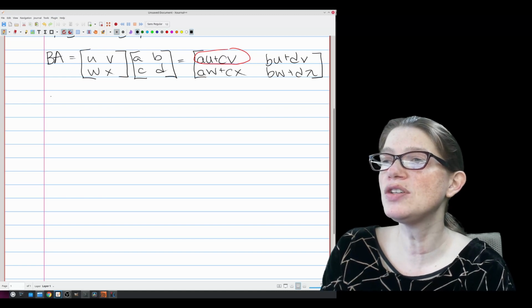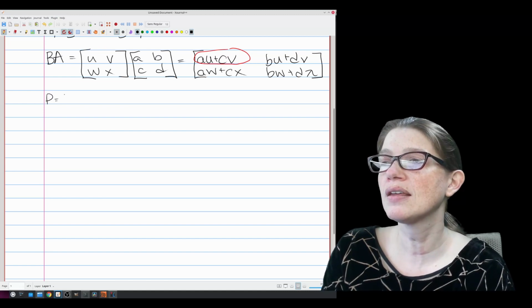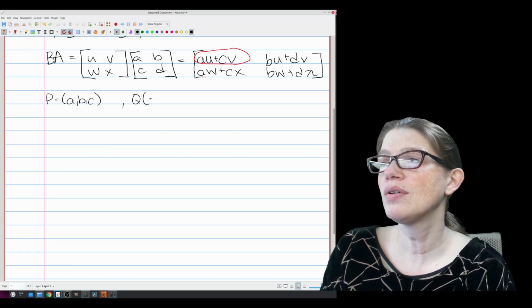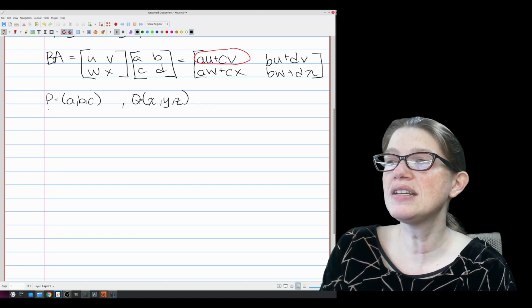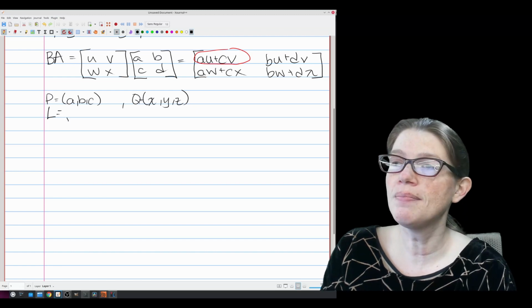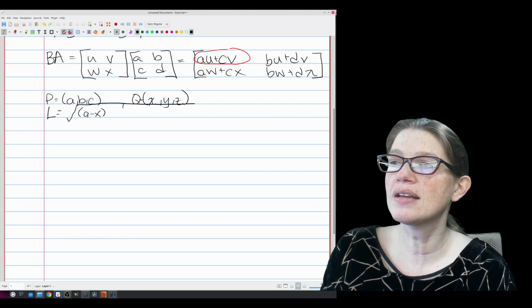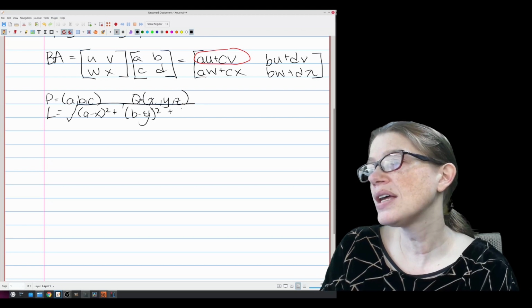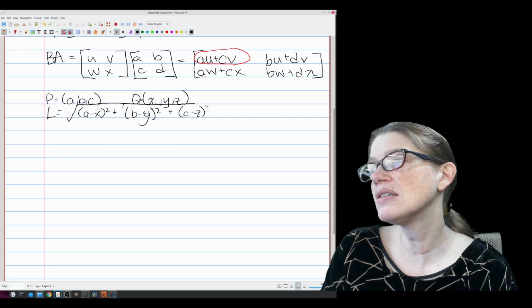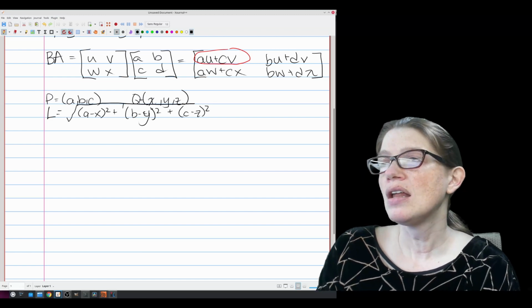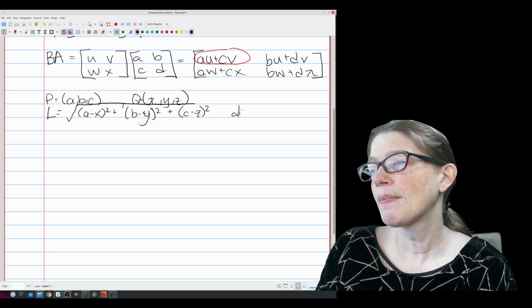The distance between 2 points, so if we have point P, and if I have point Q, then the distance L, which is the length between them, is the square root of a minus x squared plus b minus y squared plus c minus z squared. Okay? And so that's distance.